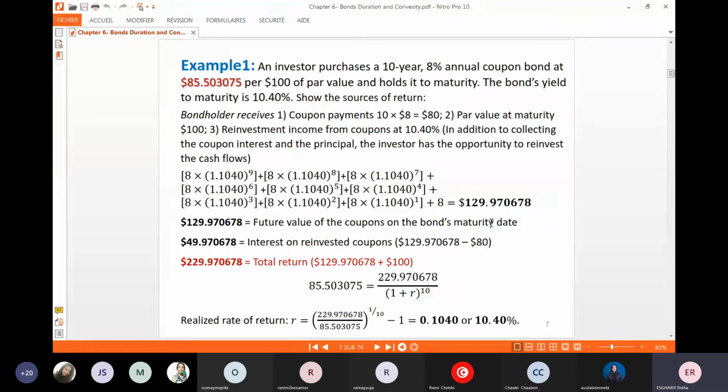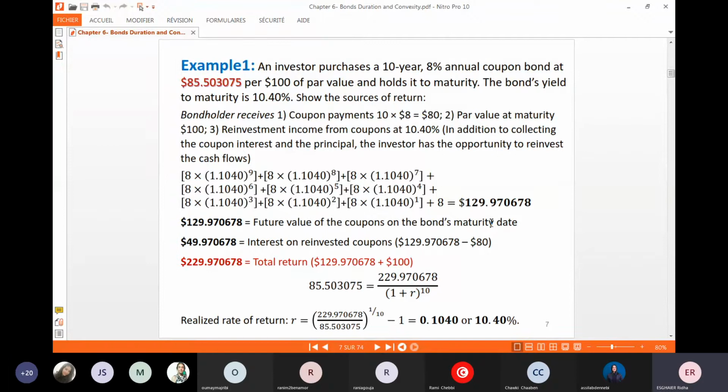This investor purchases this 10-year bond with 8% annual coupon rate at $85.5 and holds it to maturity. The bond yield to maturity that we calculated earlier is 10.4%. We assume that the market interest rate was at 10.4%, which is why the price was $85.5, and we assume that the market interest rate will remain unchanged until the end of year 10.